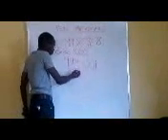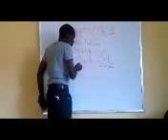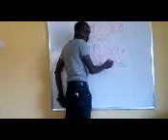1000 minus 999 is 1. We have 3 zeros, so we're going to add 2 zeros to create 3 digits here. 1000 minus 768 is 232. So the next step, we're going to multiply these two numbers together. 232 times 1 is 232.